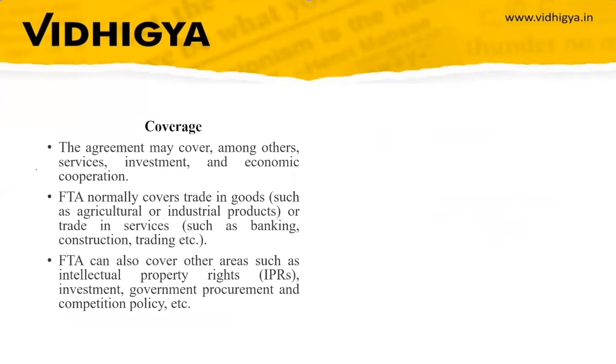The ongoing negotiation may cover, among others, trade in services. It will also cover investment and economic cooperation. FTA normally covers trade in goods such as agriculture, industrial products, or trade in services. FTA can also cover other areas such as IPR, investment, government procurement, and competition policy.